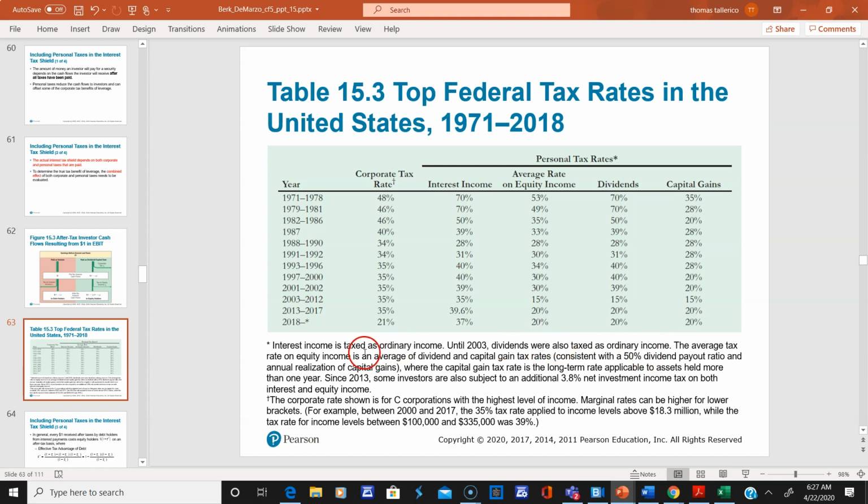So the average tax rate on equity income is an average of dividend and capital gain tax rates. You can clearly see how the tax rates have changed over the years. They've gone from almost 50% in 71 to 78 in the corporate, and now it's down to 21.